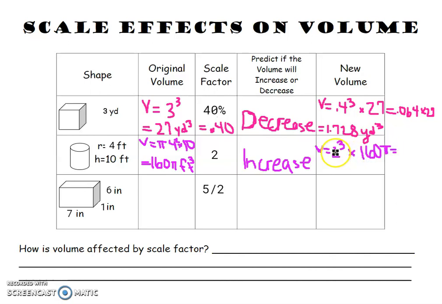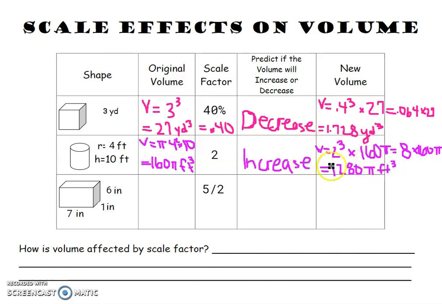Okay. 2 cubed is 8, 2 times 2 is 4, 4 times 2 is 8. So really we're doing 8 times 160 pi. And that equals 1,280 pi feet cubed.